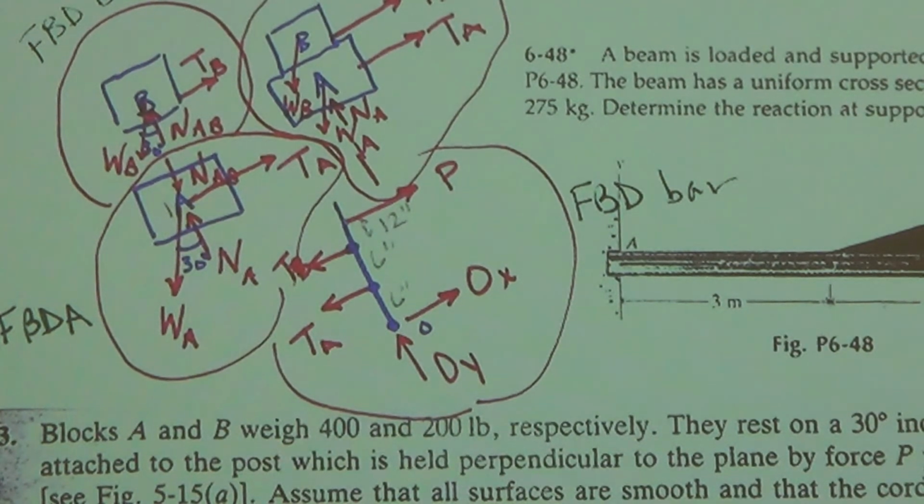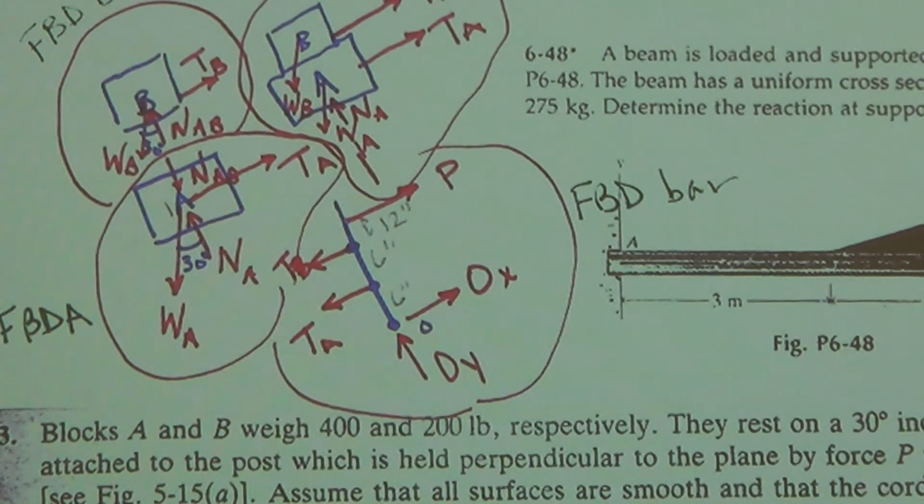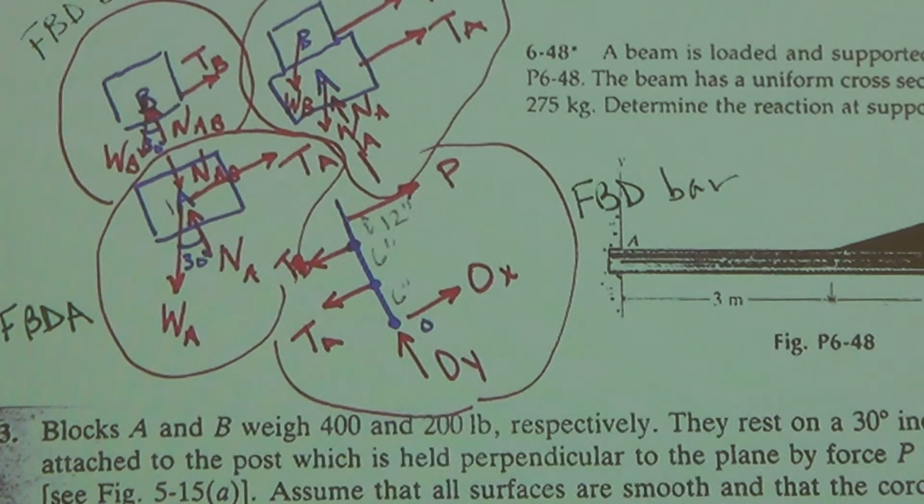Excellent. Okay, so give me distances, 6 inches, 6 inches, 12 to P, right? Yeah. And then you just have NA in the middle.